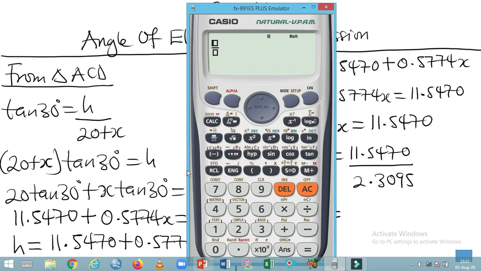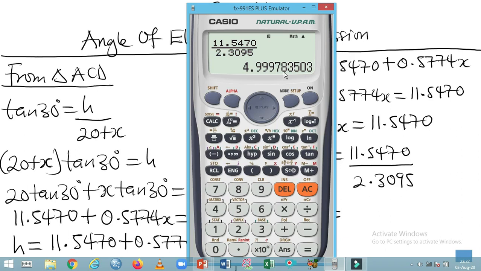So we have 11.5470 divided by 2.3095. Let's see what we'll get. We are getting 4.99978.